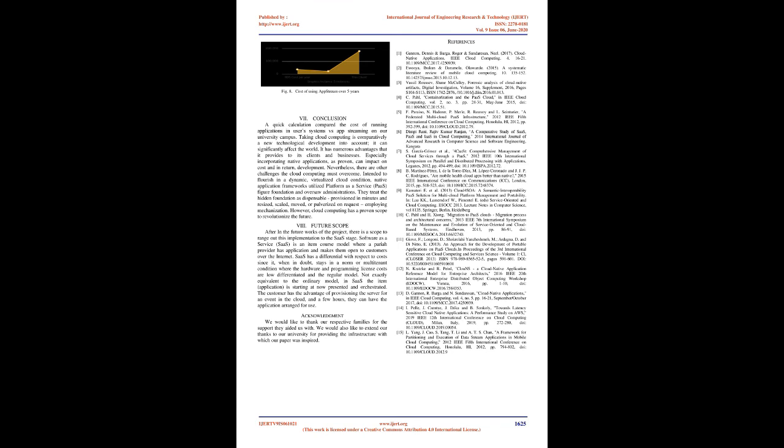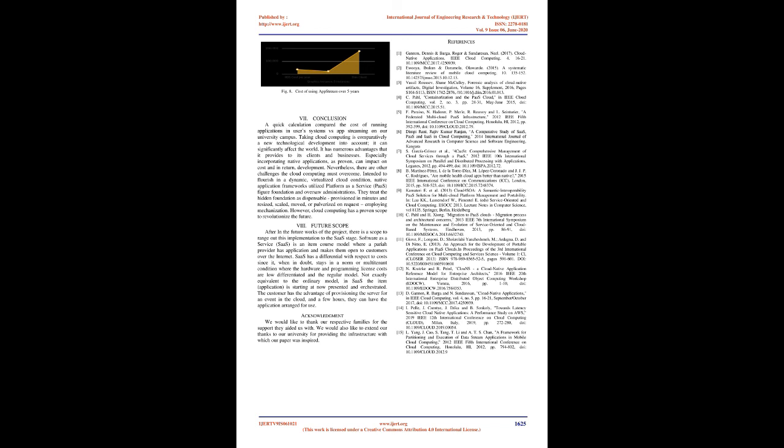8. Future scope. In future works of the project, there is a scope to extend this implementation to the SaaS stage. Software as a Service, SaaS, is a software delivery model where a third-party provider hosts applications and makes them available to customers over the internet.